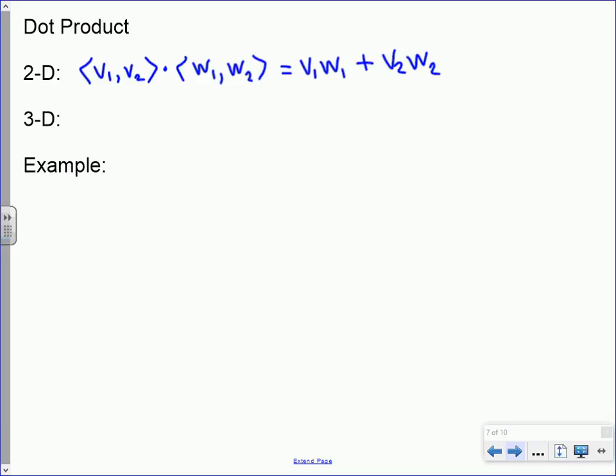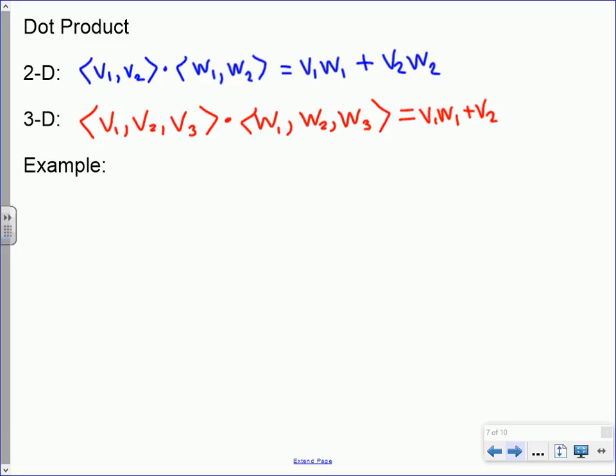So if we have 3-dimensional vectors, how do you think it's going to change? Okay, so it's going to look the same except we're going to tack on V3 times W3. So we're going to multiply the X components, multiply the Y components, now multiply the Z components and add those 3 numbers together.